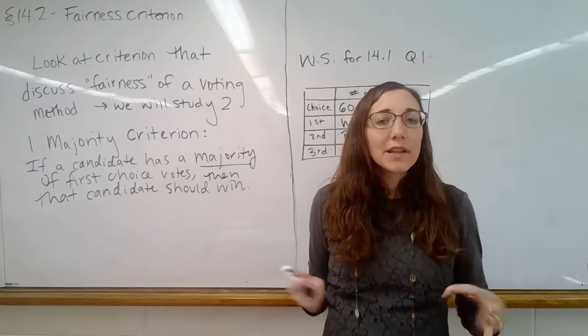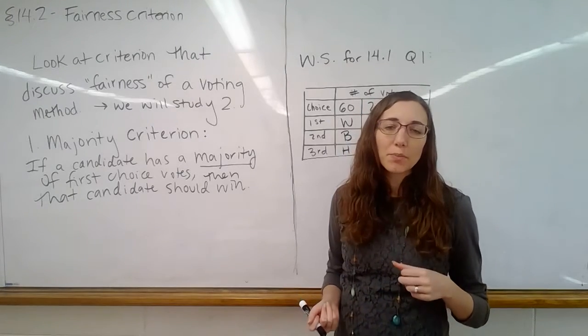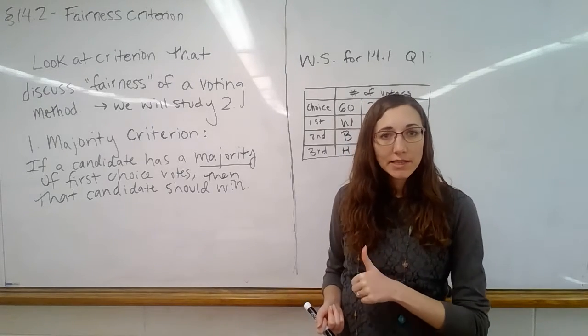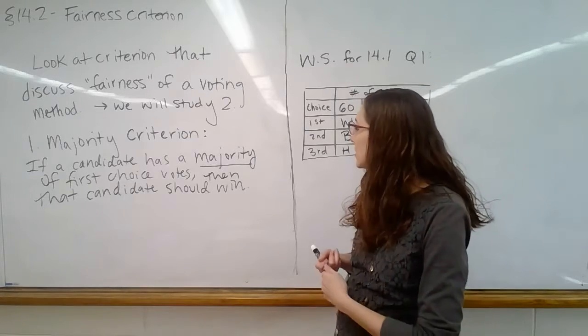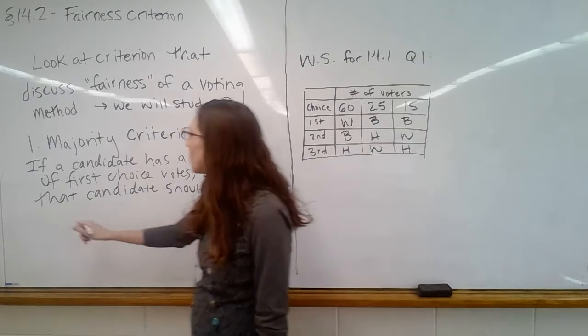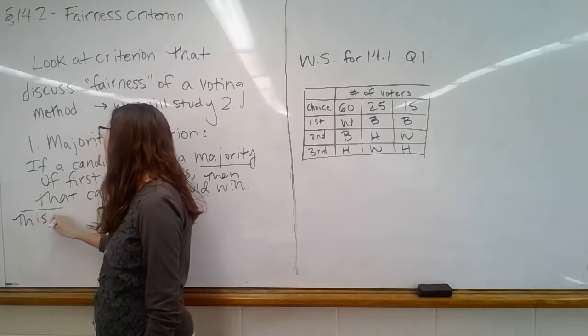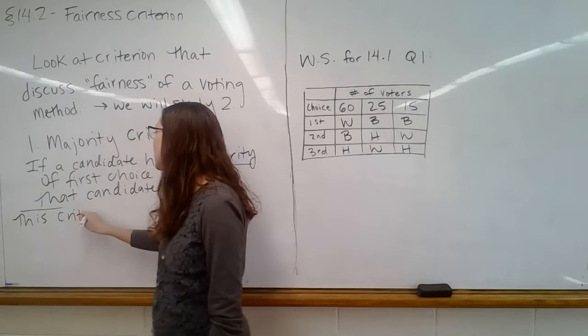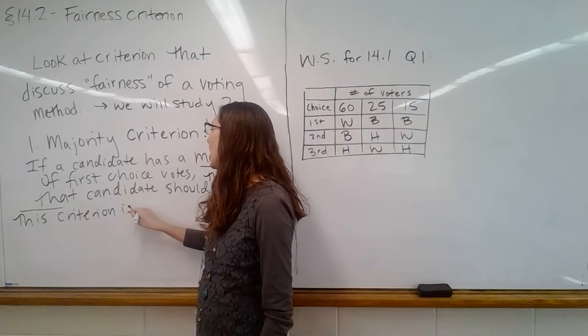So what we typically talk about with fairness criteria is either in particular examples satisfying the criteria or violating the criteria are kind of the 2 words that we use. So to look at this one, this criteria, the majority criterion, is violated.